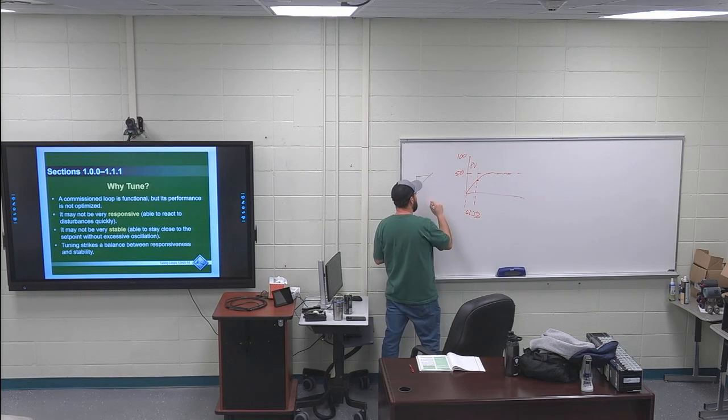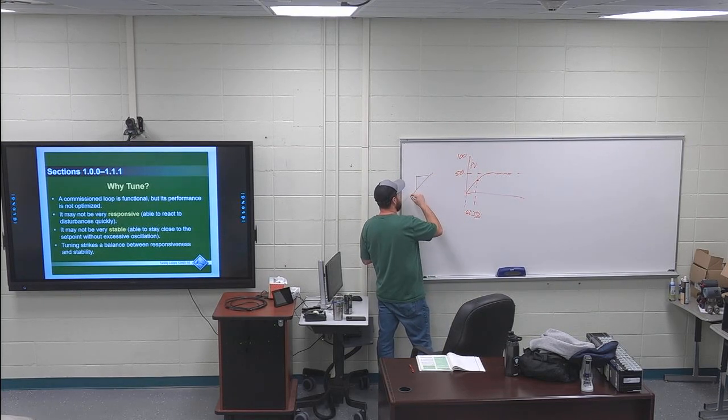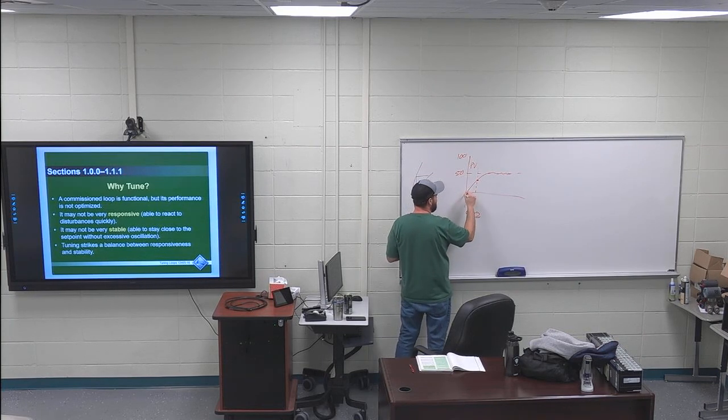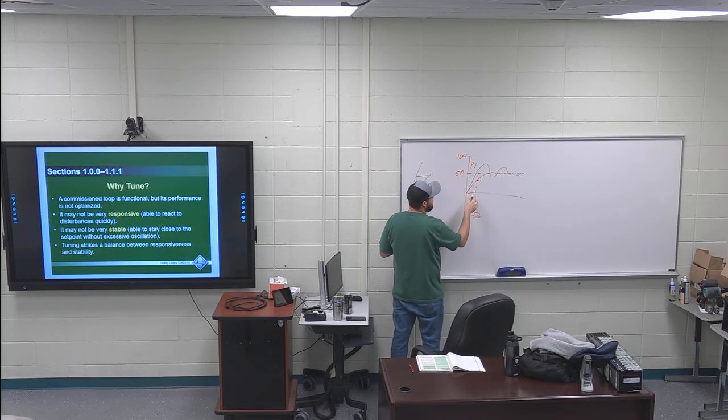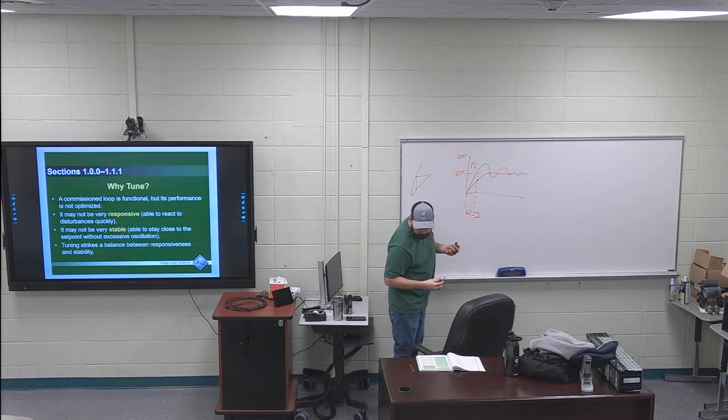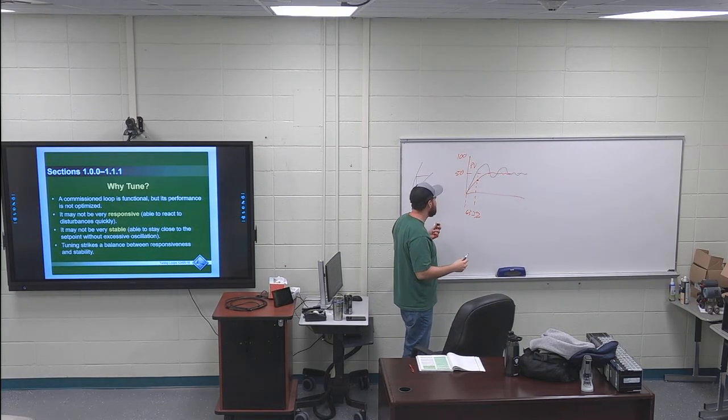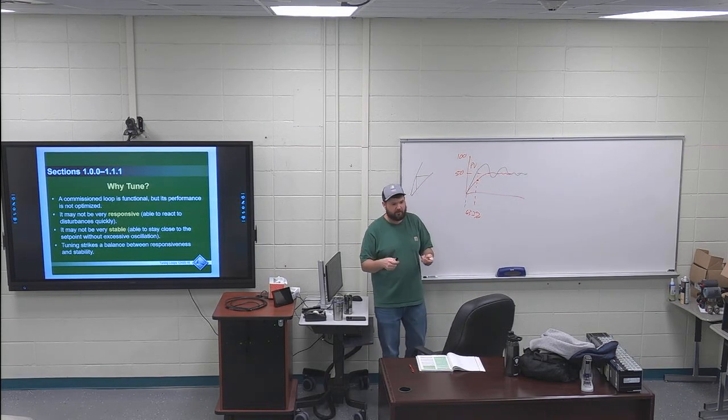If I increase like that, I'm going to decrease my stability. Like I've said, you're going to overshoot and then try to come back and eventually get there. So an increase in response speed is going to decrease your ability to get to that stability more than likely.